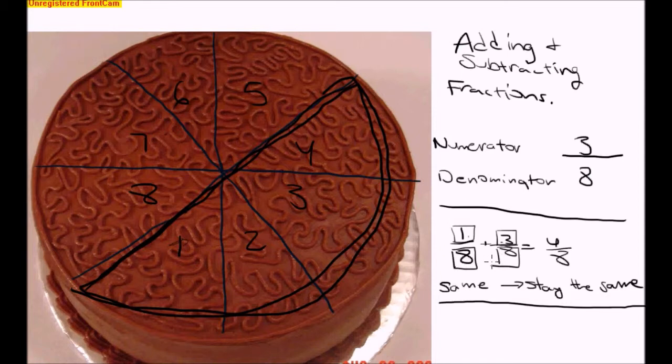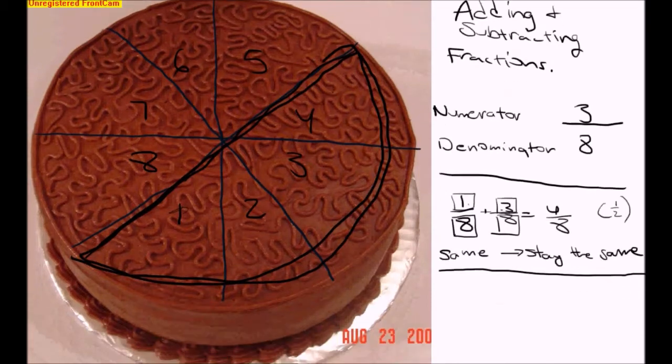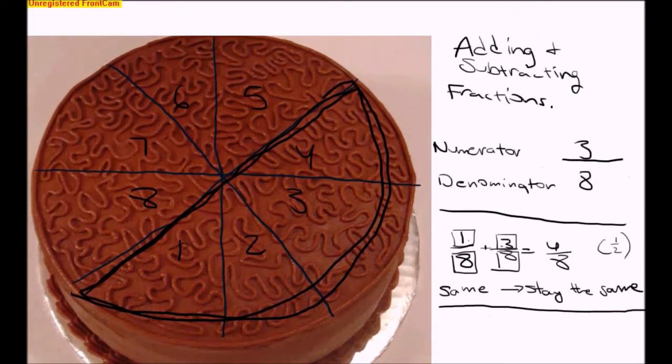But I just wanted to address that you can simplify it, because 4/8 of this cake is actually half of it, and it does make sense. If you look at this cake over here, if you had 4 slices, you would have half the cake. So I'm just going to put in brackets, very small, half. If you don't get it, I'll make another video on how to multiply and divide fractions.